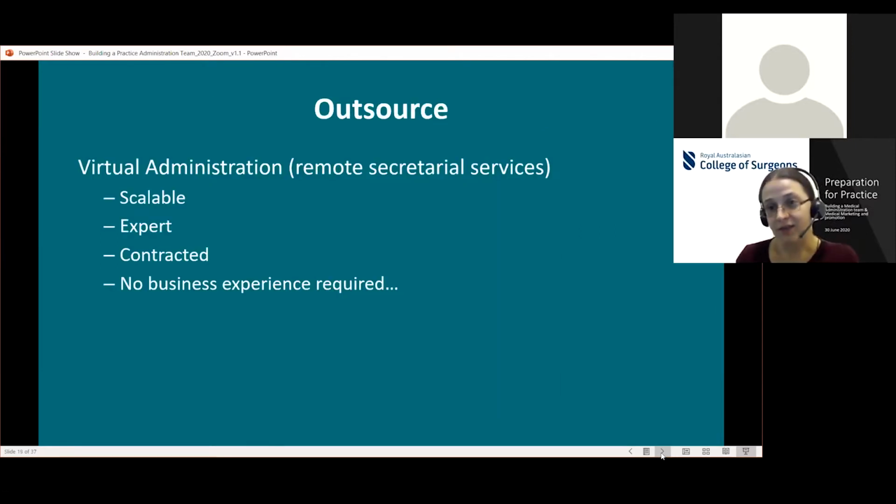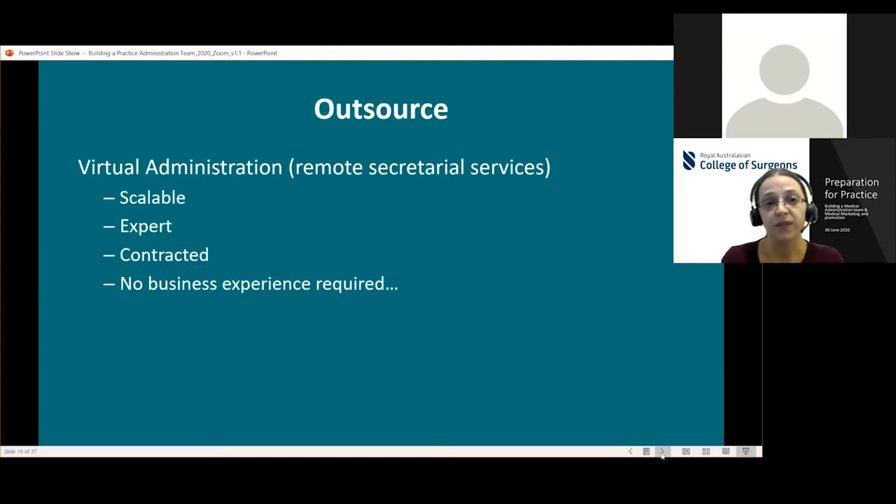Your other option is to outsource. So it's 2020. We're all here remotely communicating with each other in this virtual space that we're on right now. There's virtual administration. So these sorts of things weren't available to your predecessors. They may not have been something that your mentor or colleagues had access to, but they are definitely available to you now.